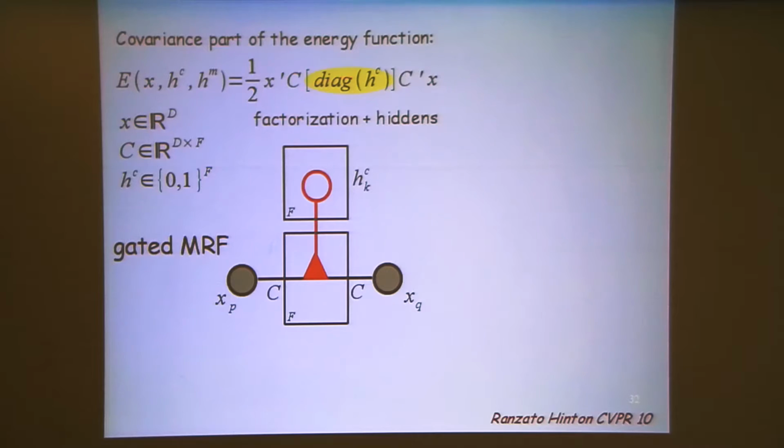So now we don't have latent variables yet. So we want to introduce latent variables because we want our covariance matrix to depend on latent variables. And a simple way to do this is to introduce a diagonal matrix between the C and the C transpose. So now imagine that the first entry in vector HC is very, very small.